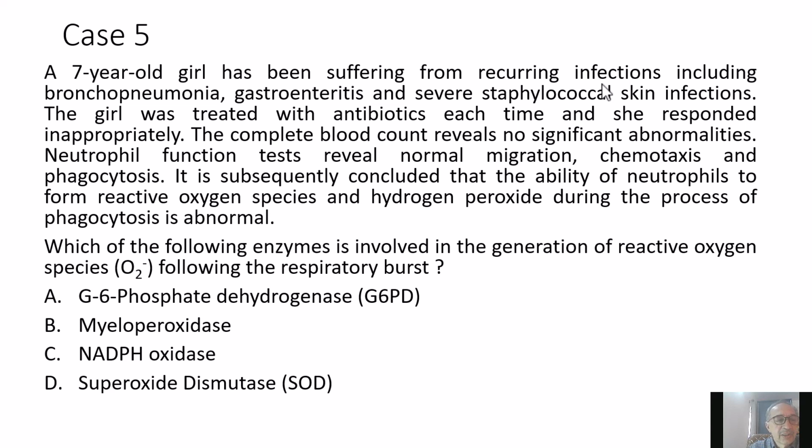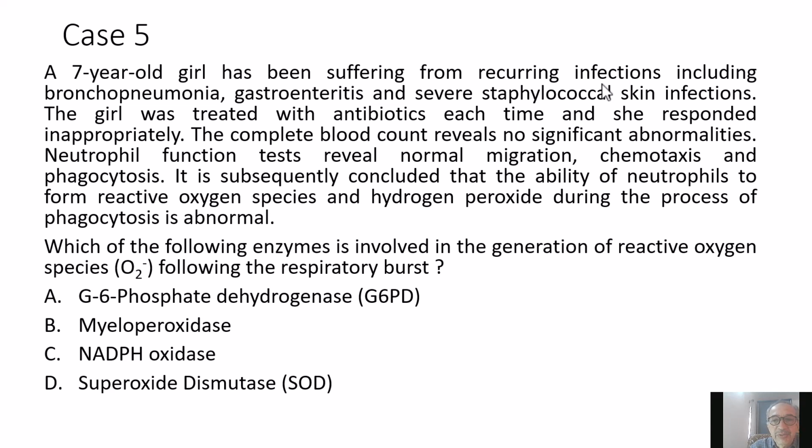There are sometimes rare cases of this abnormal phagocytosis. Neutrophil function is abnormal. In that case, the individual is susceptible to recurrent infections. You know that WBCs are the first line of defense.